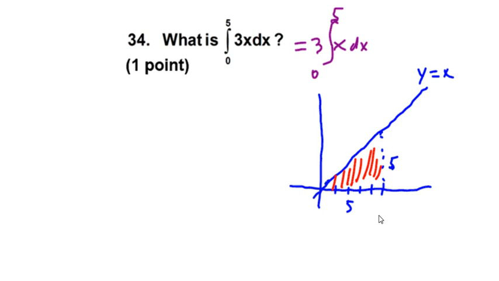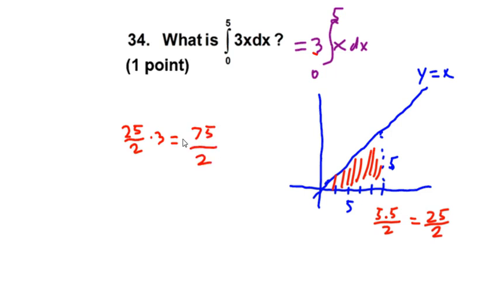So our area is going to be 5 times 5 over 2, which equals 25 halves. And then we have to multiply by this 3 out front, so we have 25 halves times 3 equals 75 halves. And that will be our answer, 75 over 2.